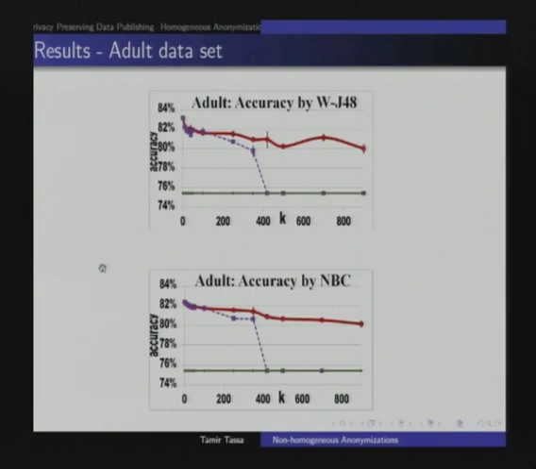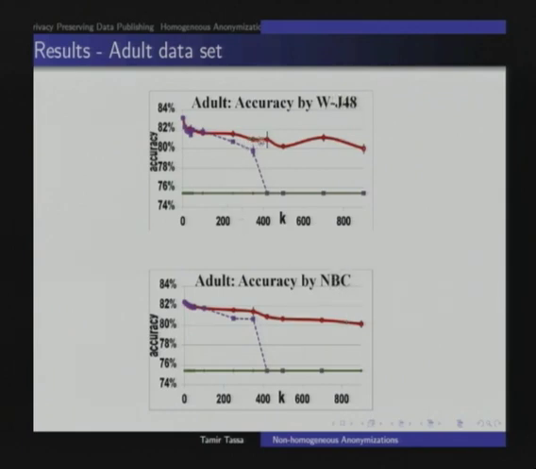What you see here is the accuracy of the classifiers derived from our non-homogeneous algorithm, the sequential homogeneous algorithm, and the baseline. Here you see the value of K. Let's forget about L. Here you see the accuracy of the classifier, this one using J48 and this one using naive Bayes.